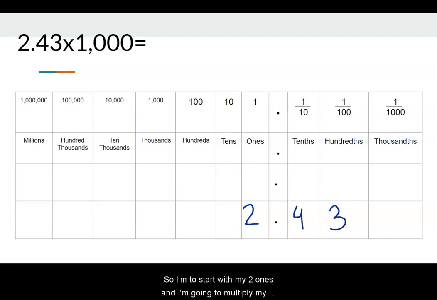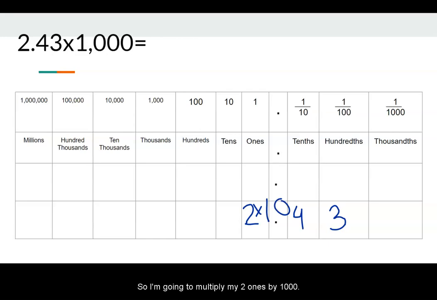So I'm going to start with my 2 ones, and I'm going to multiply my 2 ones by 1,000. So my 2 ones times 1,000 is going to be 2,000.